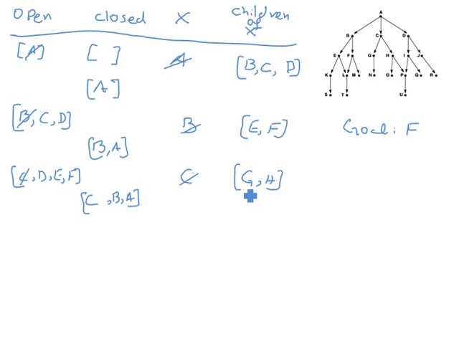G and H are not, so it's not applicable here. We put these G and H, these children of C, at the right end of the open. So that will be D, E, F, G, and H.